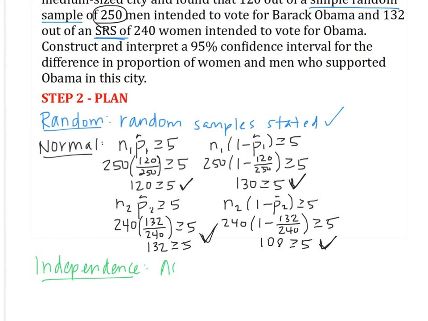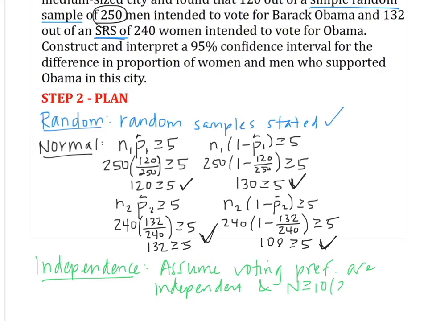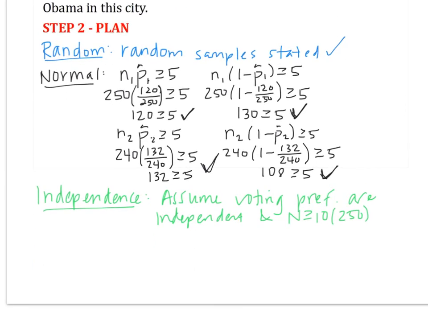We can assume voting preferences are independent, and there's more than 10 times 250 men, and there's more than 10 times 240 women.